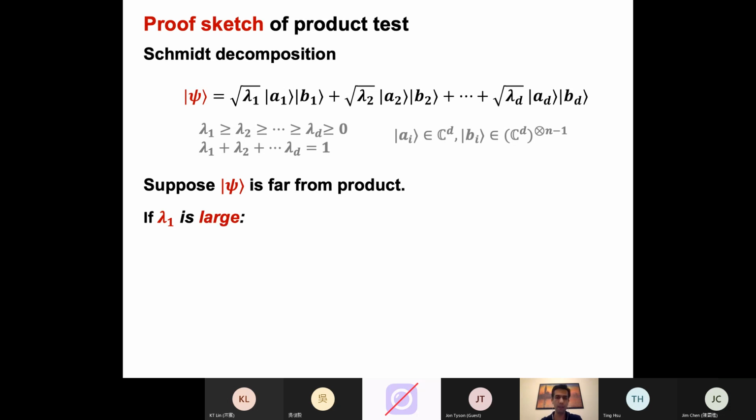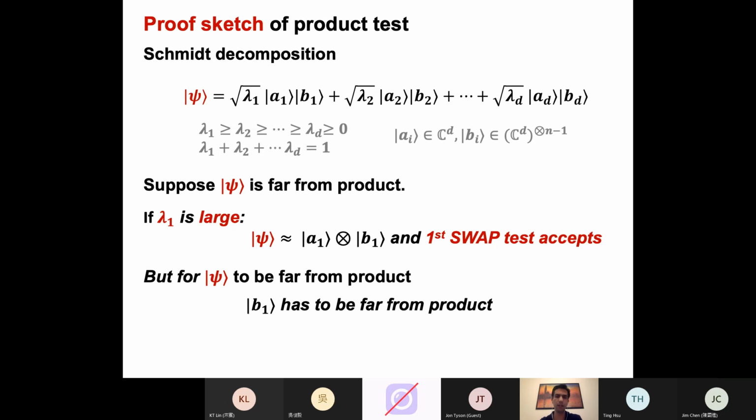In the other possibility, lambda 1 is large, and say it's very close to 1. Then from the Schmidt decomposition, we see that the state psi is roughly equal to A1 tensor B1. So no entanglement exists between the first qubit and the rest of the n-1 qubits in this case. And therefore, the first swap test doesn't detect this and just accepts.